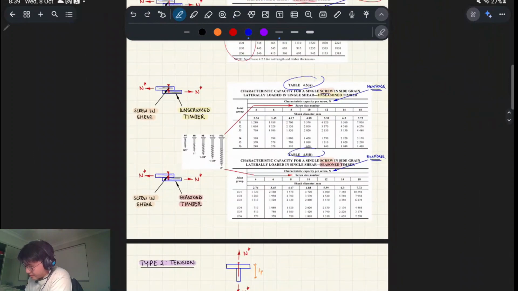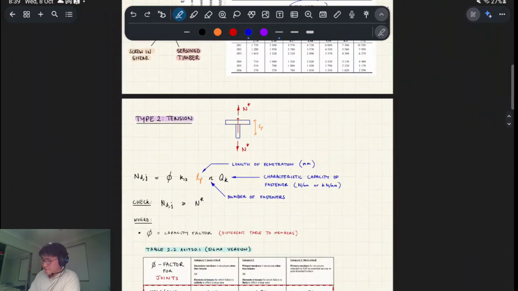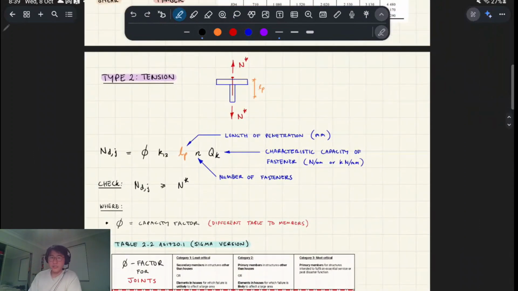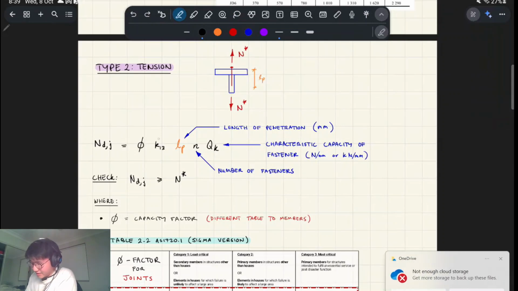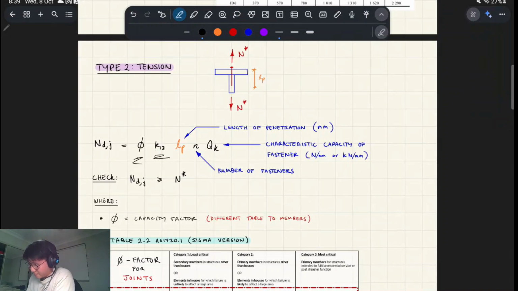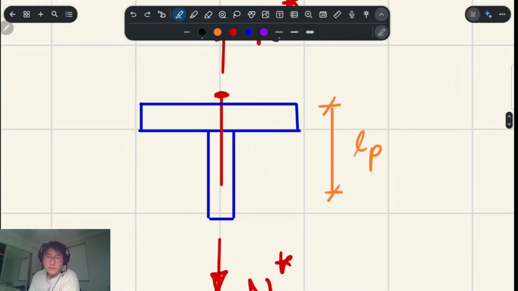That is shear, right? Tension, remember, is calculated differently. If you look at the formula, it's actually way less, there are way less things to consider. You just have to consider K13 and your 5-factor. And now we have something else called length of penetration, which is what you can see essentially.